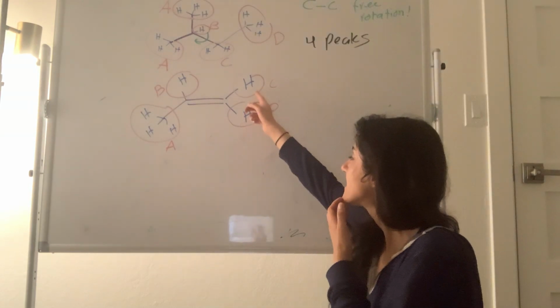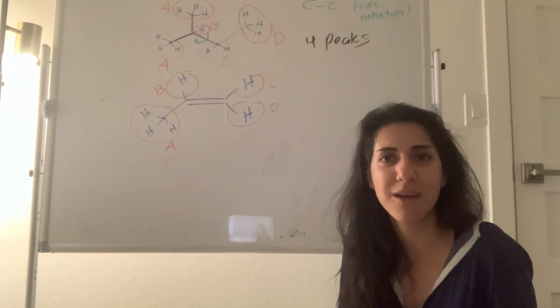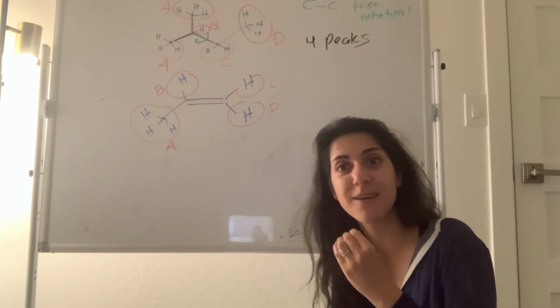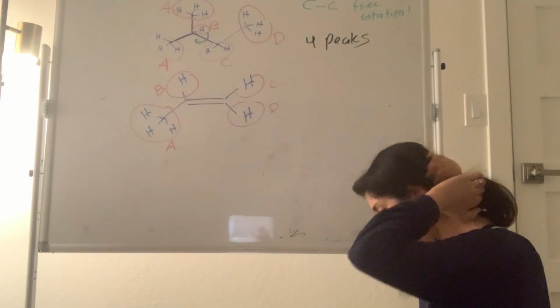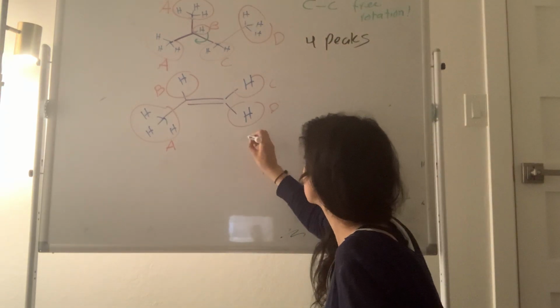So if cis and trans to each one is the same, then they're going to be the same. But if it's different, then there are going to be each set of unique protons. Now I want to tell you what I mean by that. You guys ready? Okay. Let's look at HC.